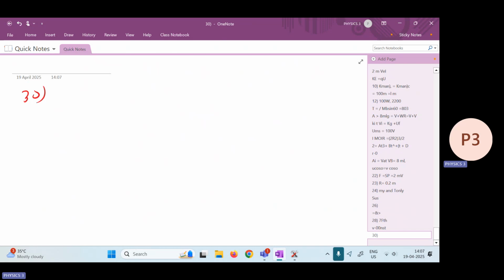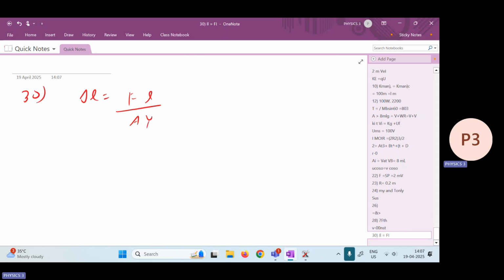Okay, so we know that their expansion will be like delta L is equal to FL upon AY, right? As both are made of same material, so Y will be same. Both have the same length, both have the same radius, so area will be same. The temperature is also increased by the same amount.